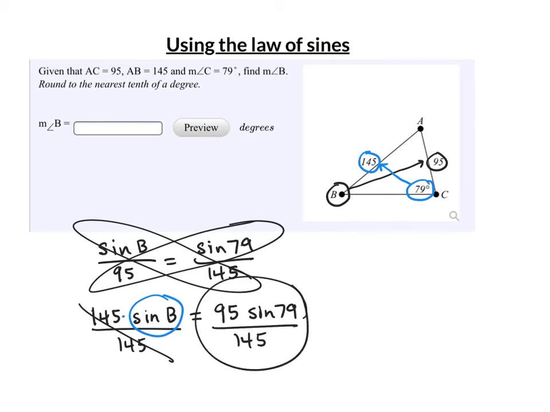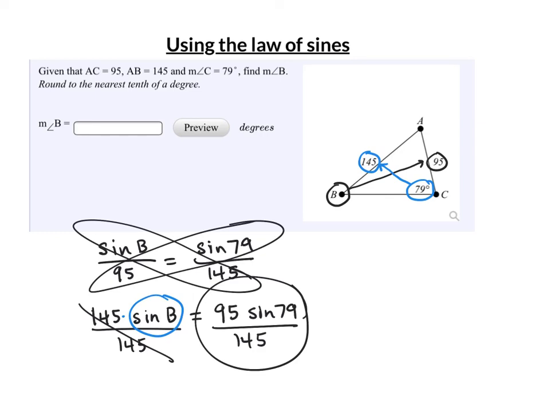Now, the sine of an angle is going to be whatever that decimal is. What I need to do is take the inverse sine of the decimal to get the angle. The way to do that is to punch this in the calculator.